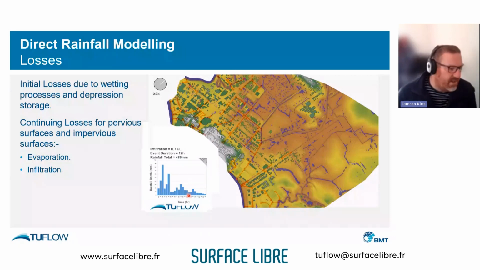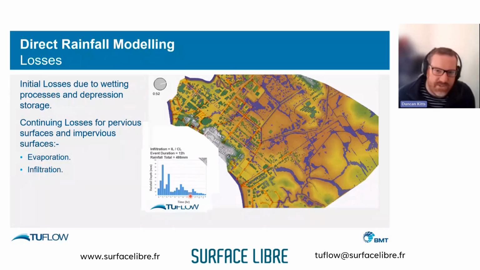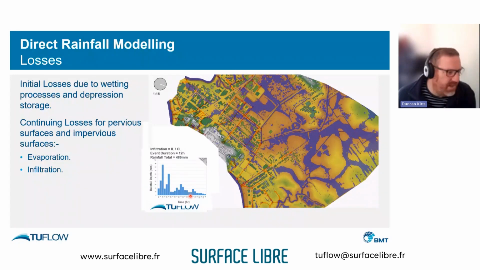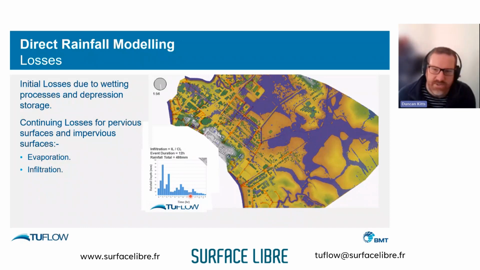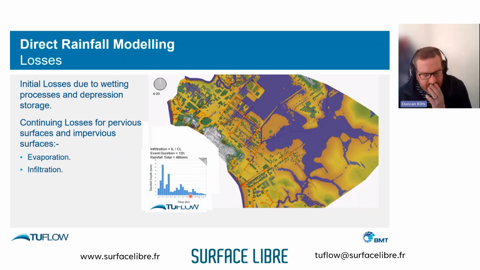In terms of losses, there are two types of losses, and we touched on this previously. There are the initial losses, which represent to a certain degree some of the interception, and also the wetting losses at the beginning of the events. So there's a small level of depression storage. Also, there are some losses associated with urban surfaces.